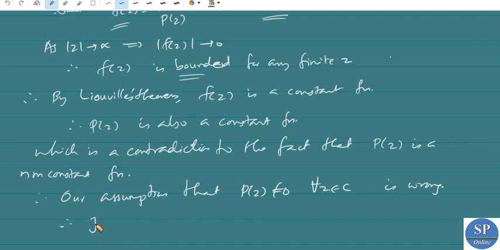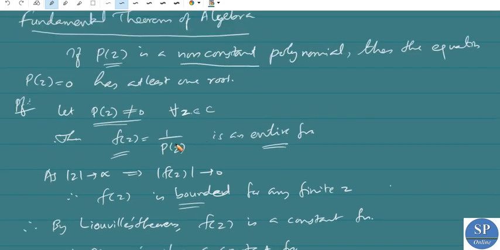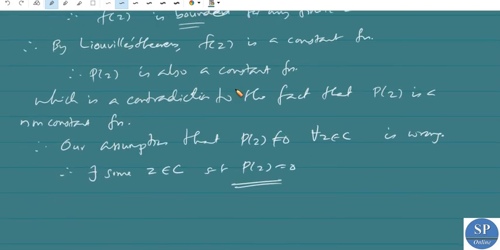That means p of z equal to 0 has at least one root.